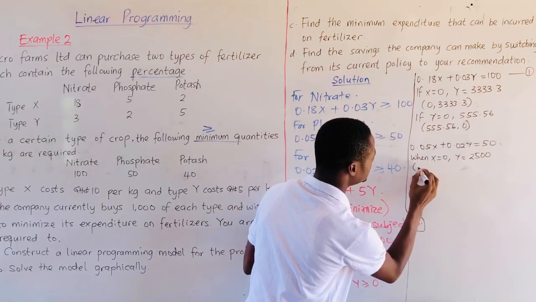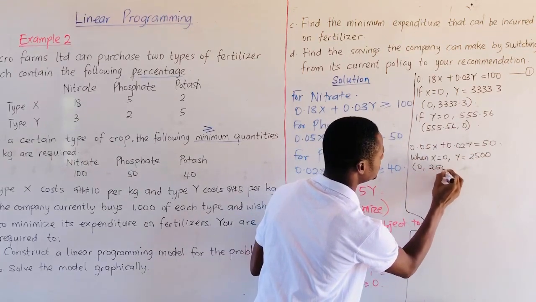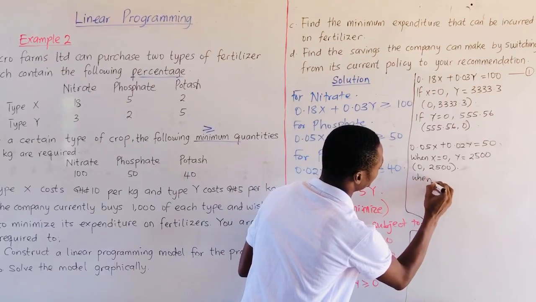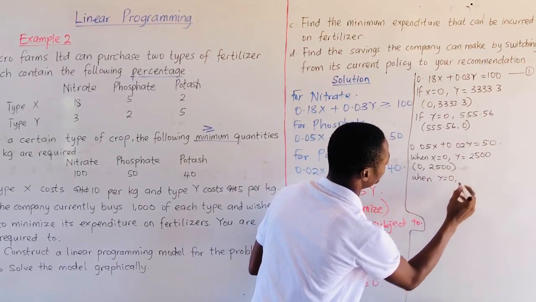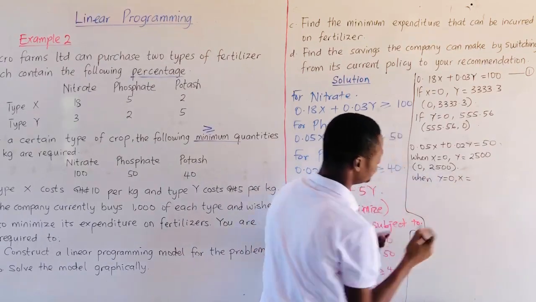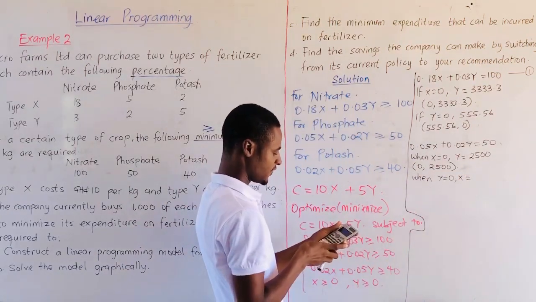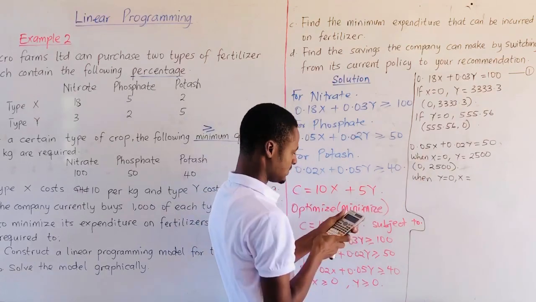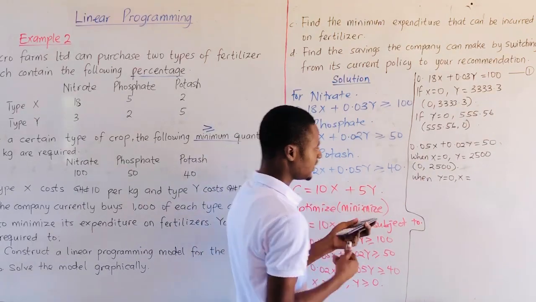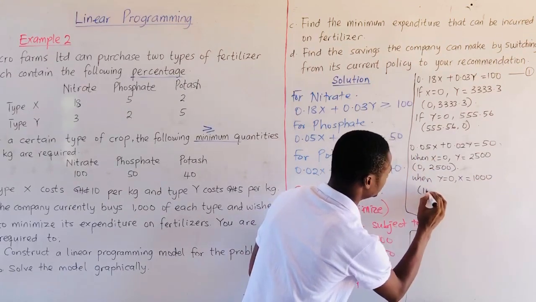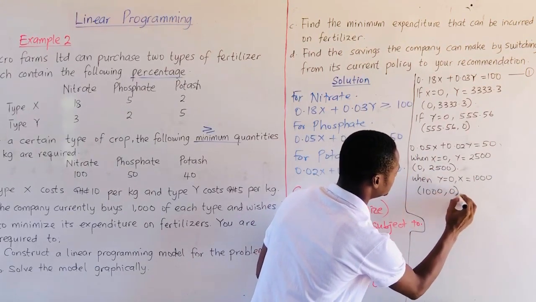So our point here will be 0, 2,500. Then when y is equal to 0, we will have 50 divided by 0.05, and that gives us 1,000. So our point here will be 1,000, 0.